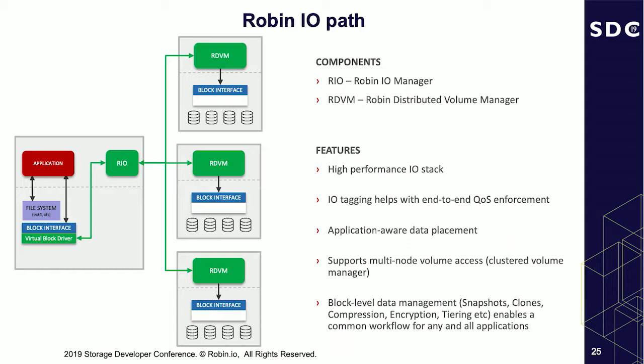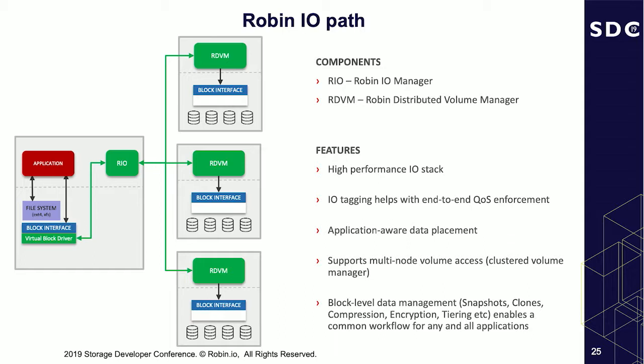We can also tag the I/O with some metadata, such as the priority of the volumes and the current snapshot ID of the volume, and we redirect the I/O to the node where the storage for that particular volume comes from. It can be multiple. The I/O for the storage for a particular volume can come from different nodes, right?